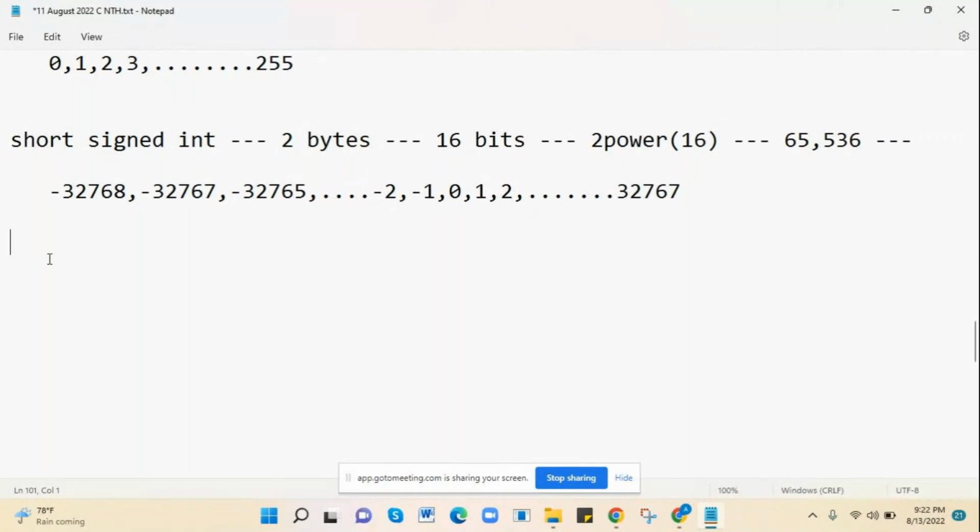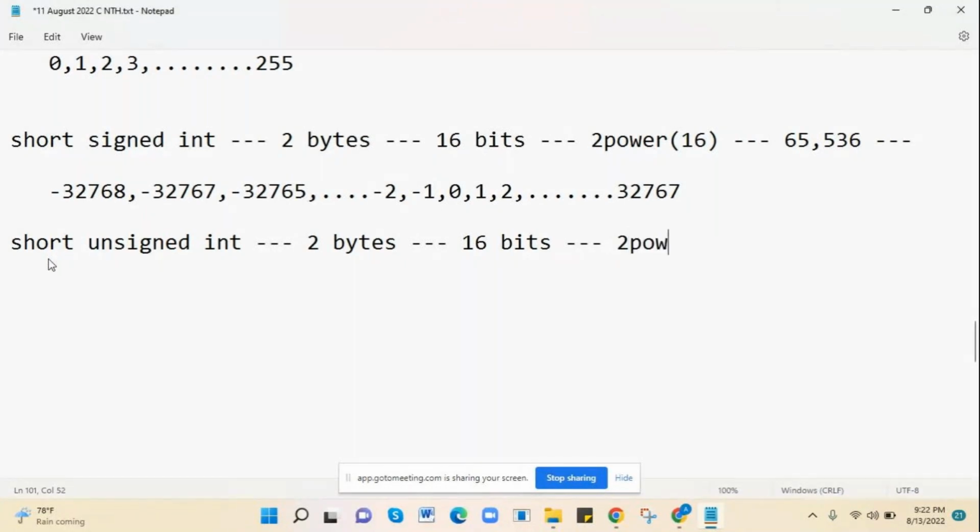Next one is short unsigned int. Short unsigned int is nothing but 2 bytes. Again, 2 bytes means it is nothing but 16 bits, which is nothing but 2 power 16, which is nothing but 65,536.